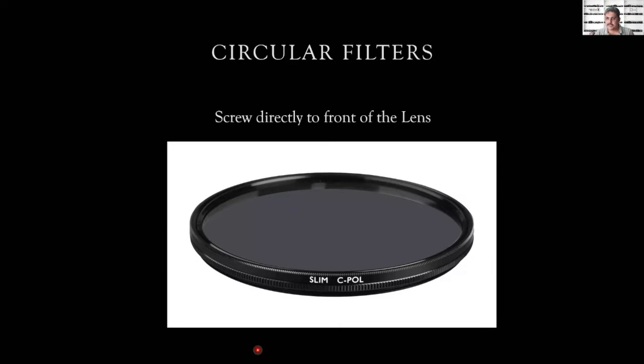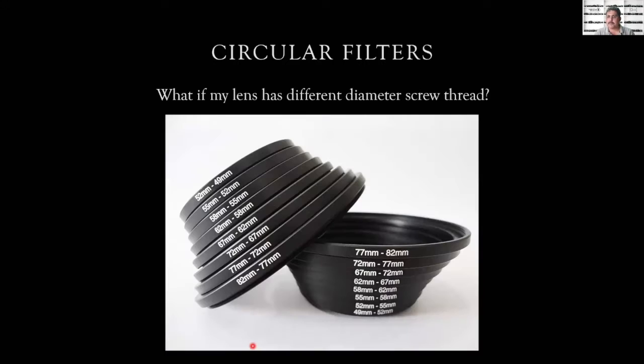For example, my lens front element is 67 mm, so should I buy a 67 mm filter? Then I have another lens of about 72 mm, and another which is 85 mm. What will I do if I have a varied number of lenses, each with a totally different front diameter? No, what you do is buy what are called step up rings and step down rings.